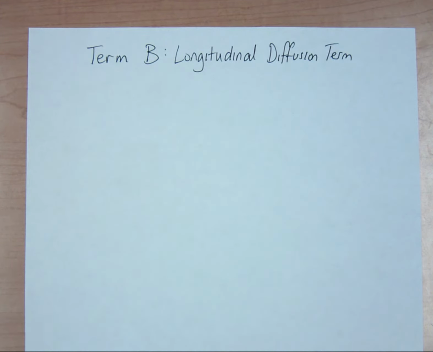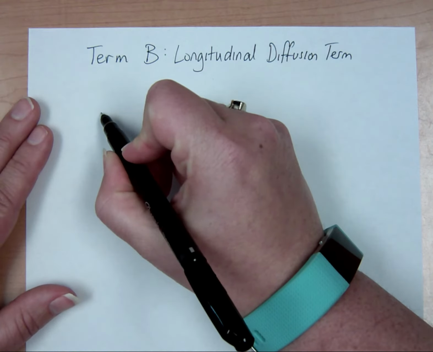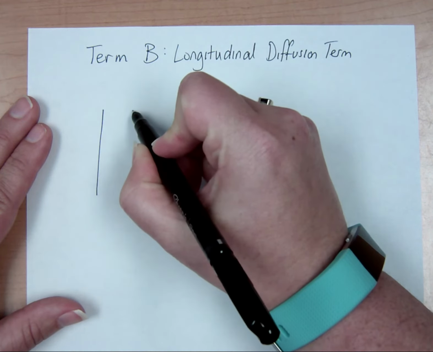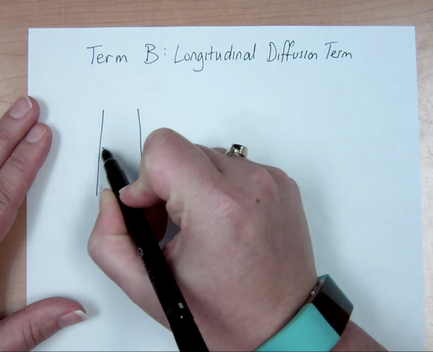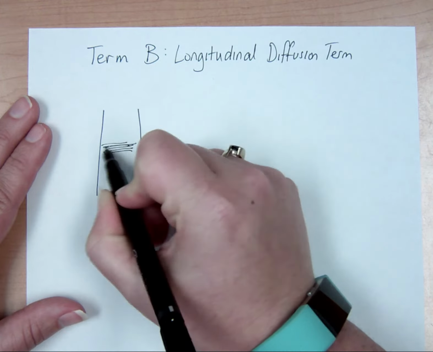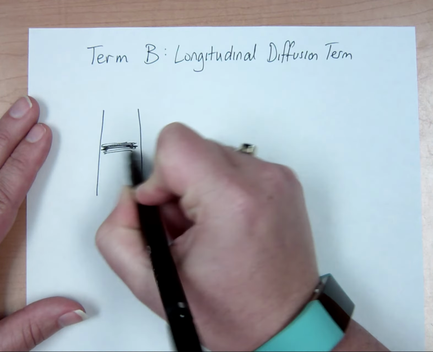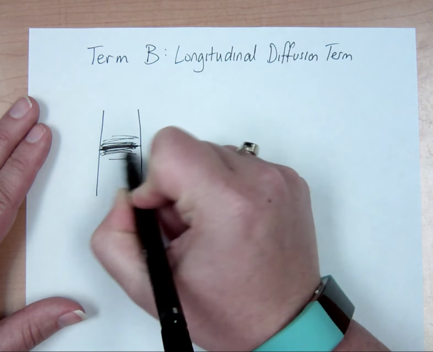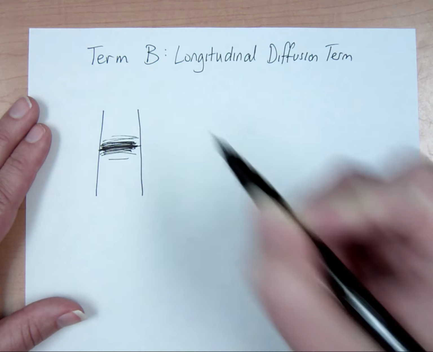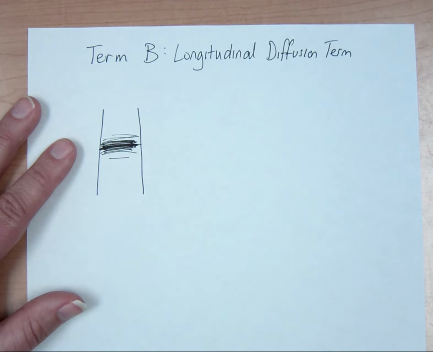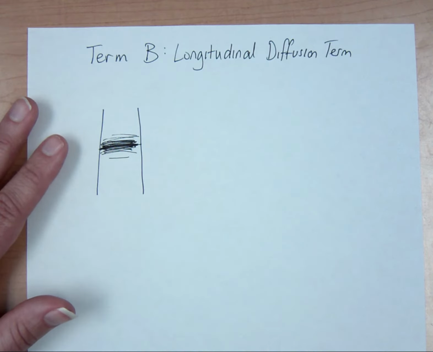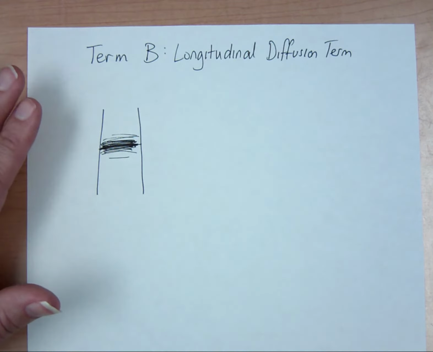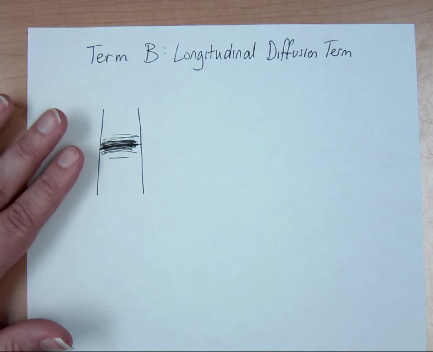Okay, and so if we're looking at a column here, I just draw my column here, and I have a band of analytes that's more concentrated in the center than it is as you move your way out from it. As this band sits, we're just ignoring that it's moving via the mobile phase.